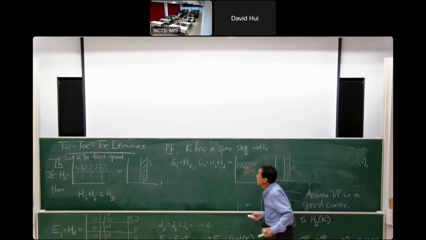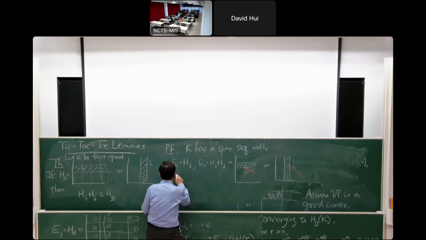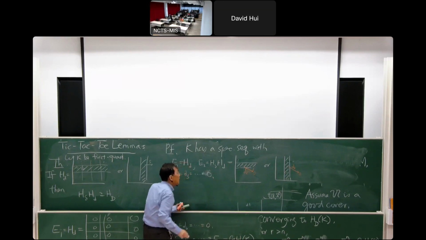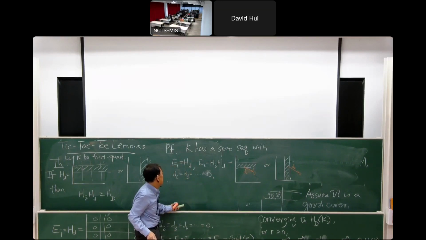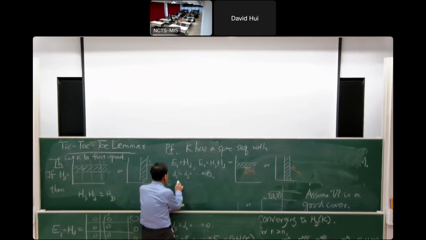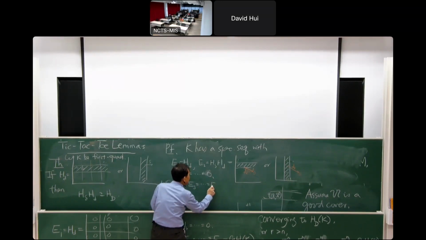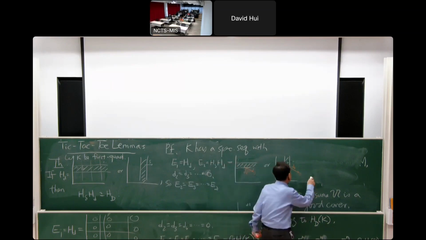So D2 equals D3 equals dot, dot, dot, it's all 0. And that means E2 is equal to E infinity. Okay, so this is E infinity.